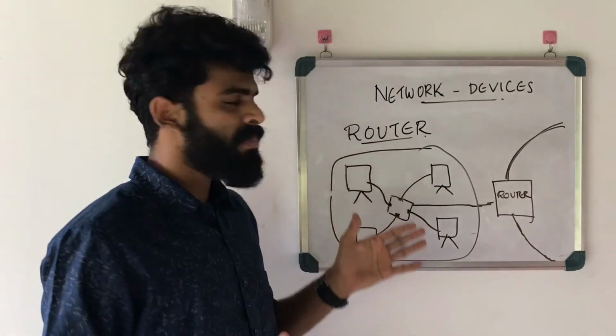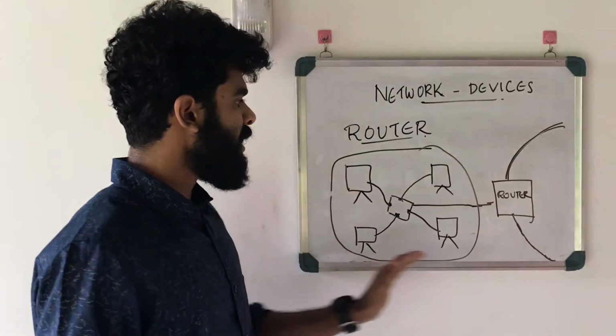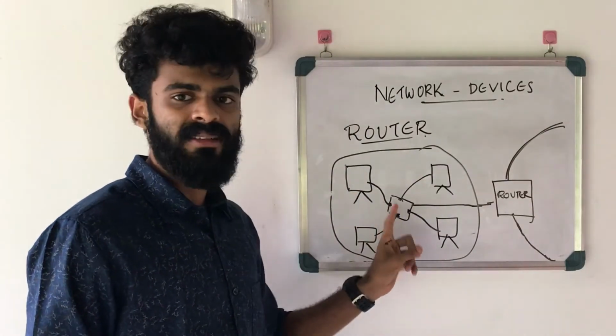So this is a basic network diagram wherein we implement a router. A LAN connection is established here along with a switch and 4 nodes.